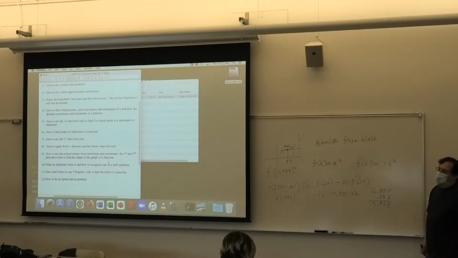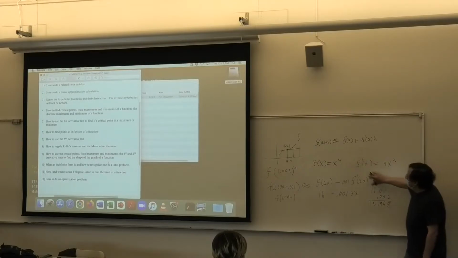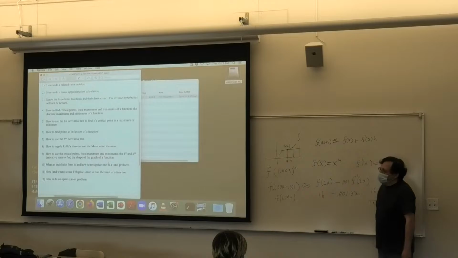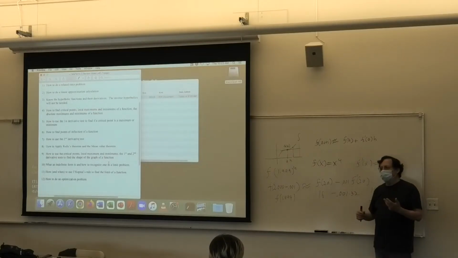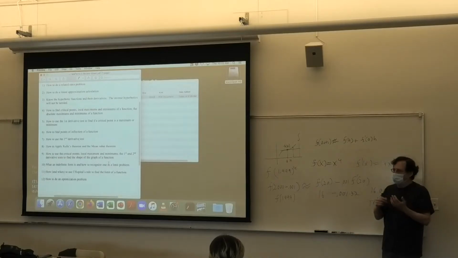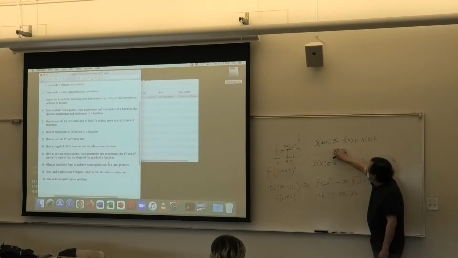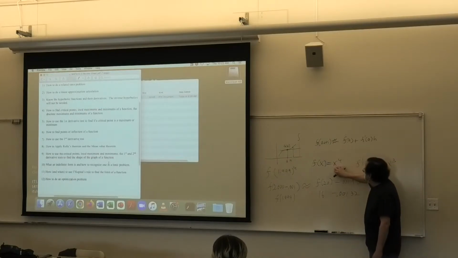Again, one can argue what's the purpose of actually doing this problem. It's not a real world problem because you would just have a calculator. The purpose of this is to show this linear approximation and how it works. And then, when you're doing biology, physics, some science, or maybe in computer science, they might be asking you to use a function where you're not actually able to calculate it this way.